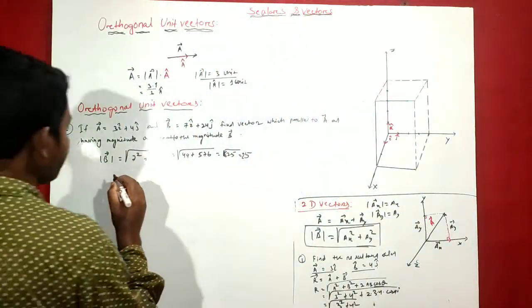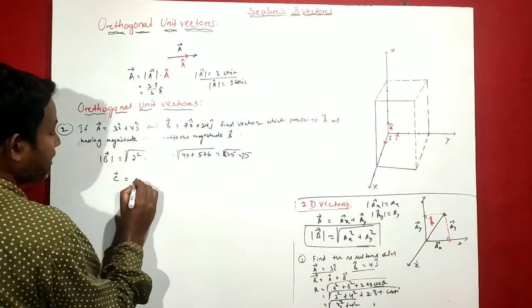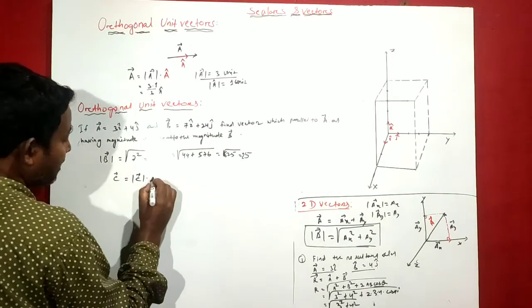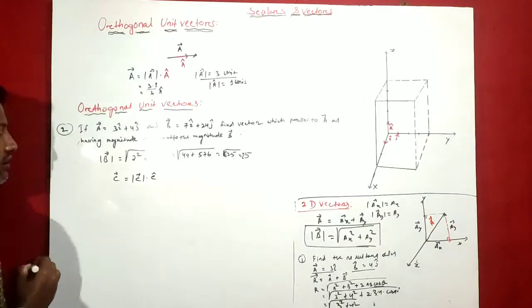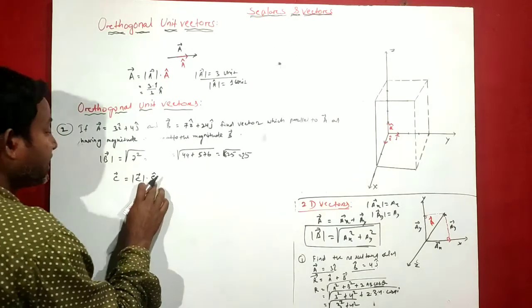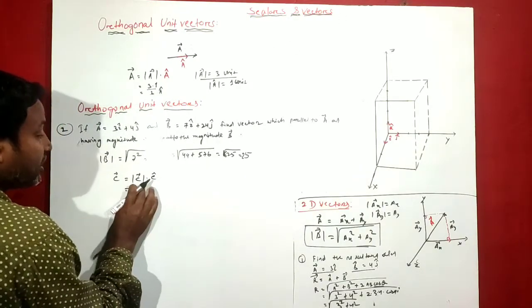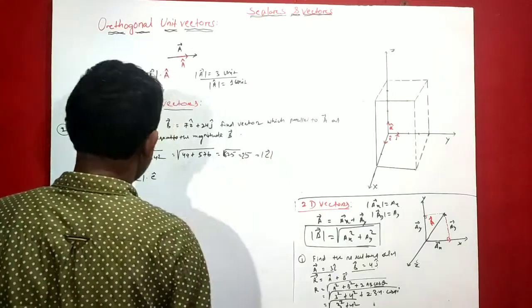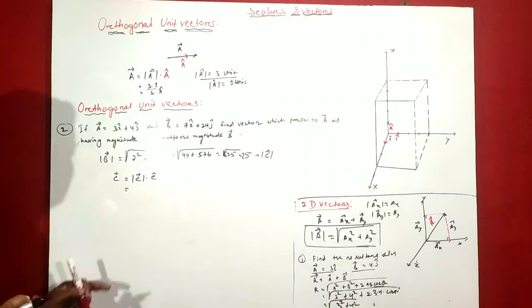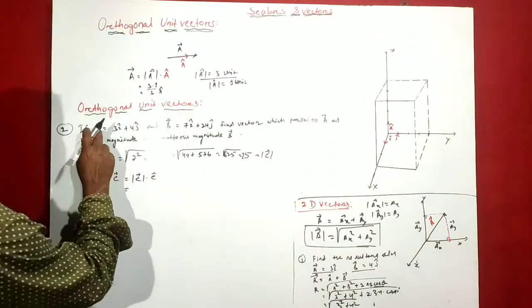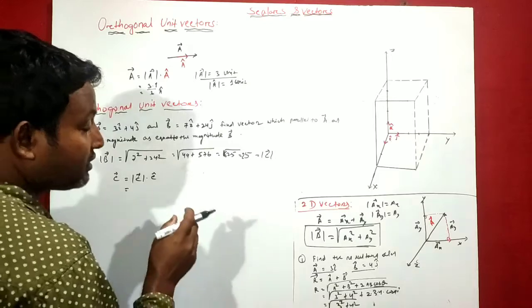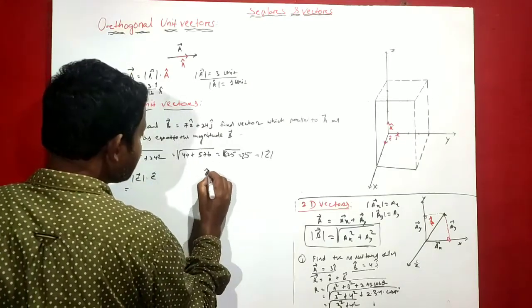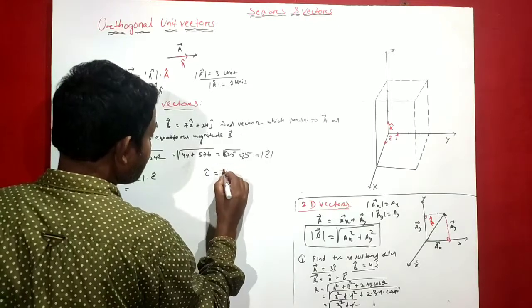So the magnitude of C is 25, but we have to find the direction, C cap. According to the question, C cap is equal to A cap.